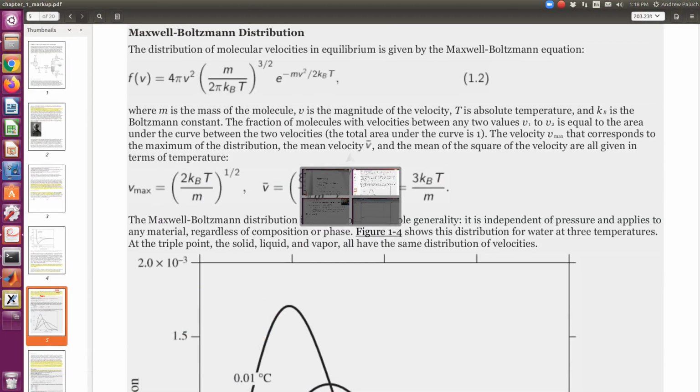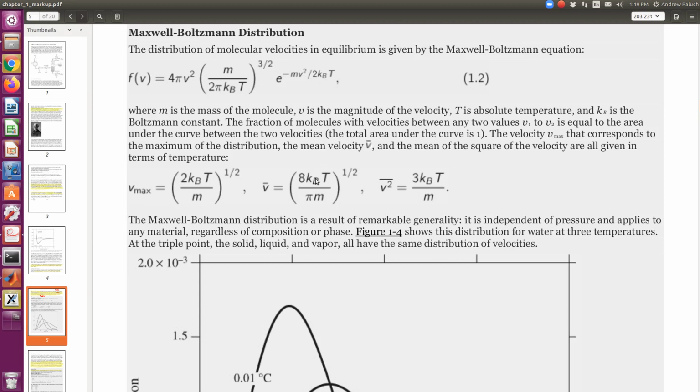I'm going to scroll over to our text, and here's my marked up version of the text. What I'm looking at is the section on the Maxwell-Boltzmann distribution. This gives us our probability distribution of observing a molecule with a given velocity, and from that we have our expression for the mean velocity within our system.